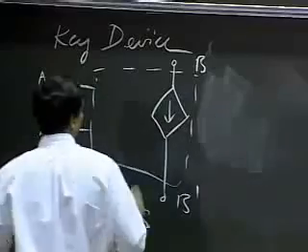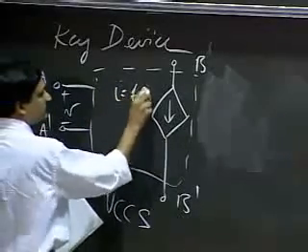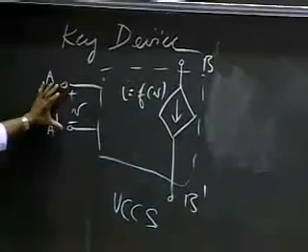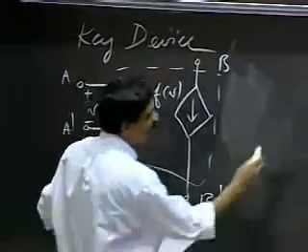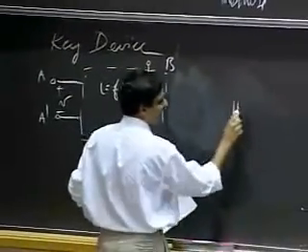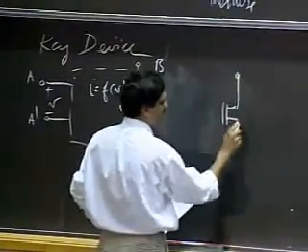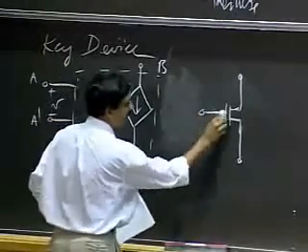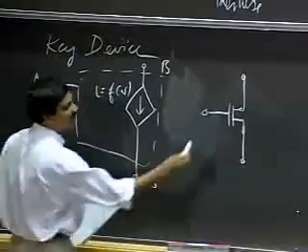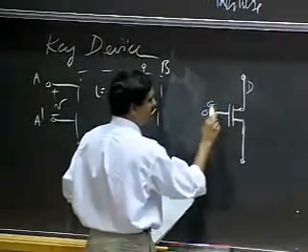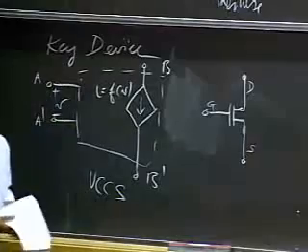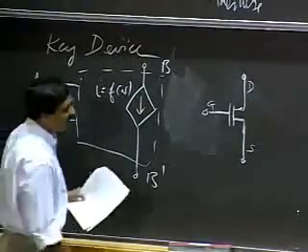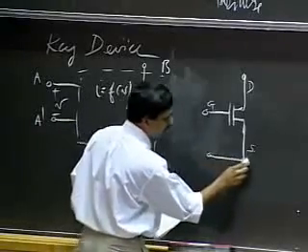Let me create some room for myself. Notice that I need a control port and an output port, and I'm going to view my MOSFET in a slightly different manner than you have seen before. I draw these two terminals here, and this was a three-terminal MOSFET: my drain, my gate, and my source terminal. But I view the MOSFET slightly differently.